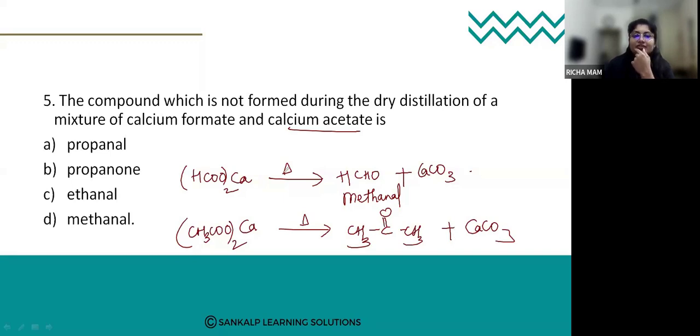So when the mixture of calcium formate and calcium acetate is subjected to dry distillation, the following products are formed. Methanol is formed, and propanol is formed.